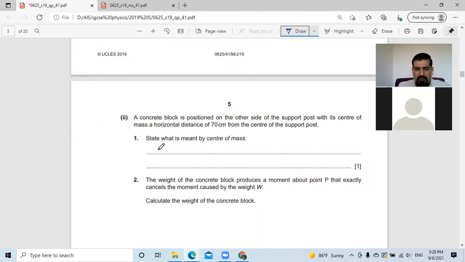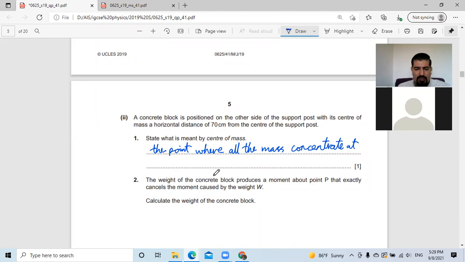The point where all the weight and the mass concentrate, or the point where the weight acts on the object.